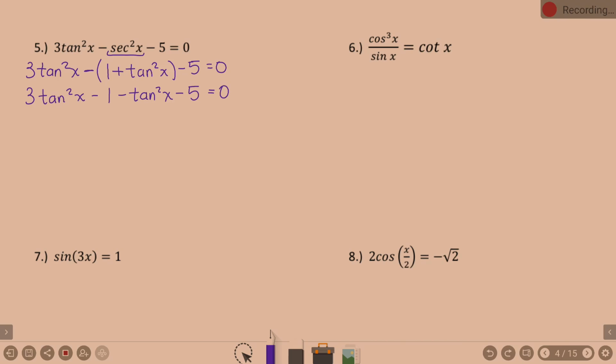Are we putting together like terms? Okay, think like terms. What is 3 tan squared x minus 1 tan squared x? Or it's the same thing as asking what's 3x squared minus 1x squared. So we're going to have 2 tan squared x. Negative 1 minus 5 is indeed going to be minus 6 equals 0.